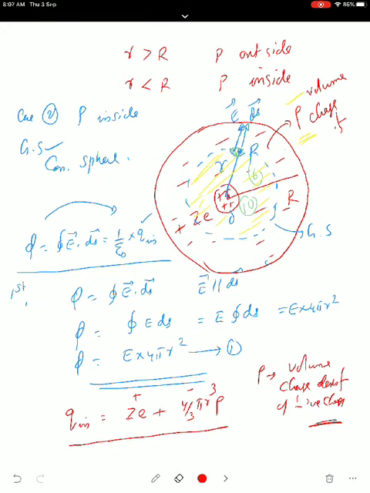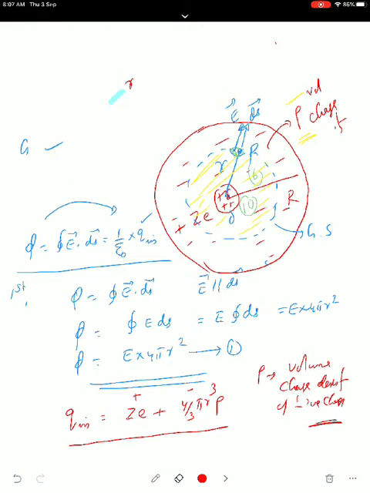Here on the top I am calculating the volume charge density, rho, of the negative charge. The atom as a whole is neutral, so the total charge is equal to 0.